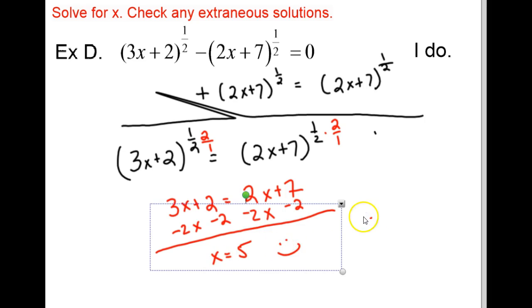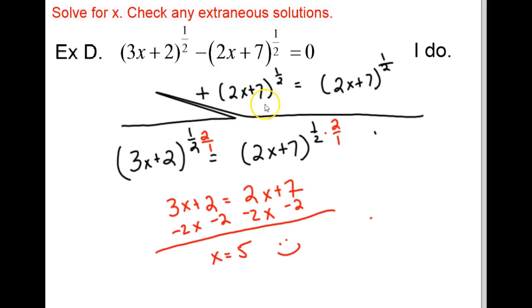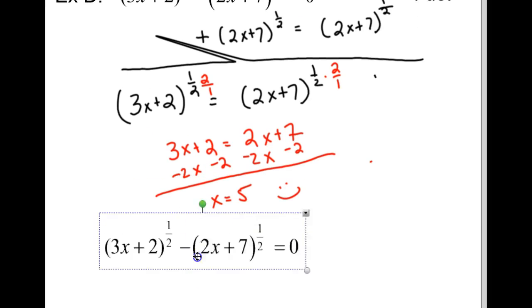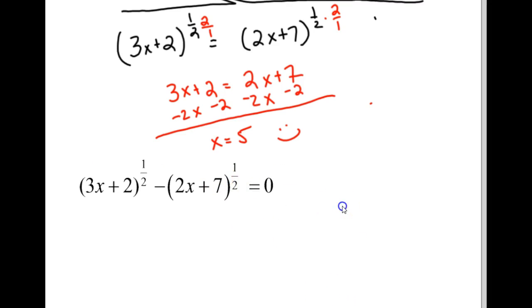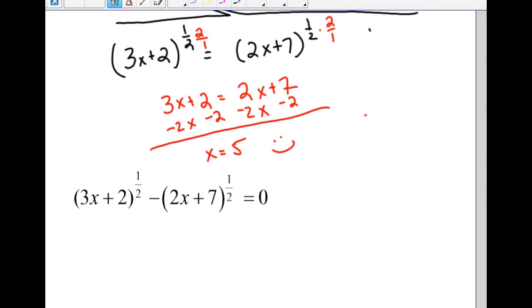Let's see, is that true? So I'm going to go check. Let's see if x equals 5 is a solution. So we are checking x equals 5.